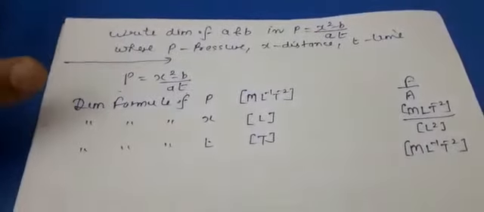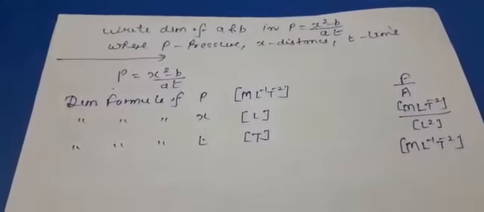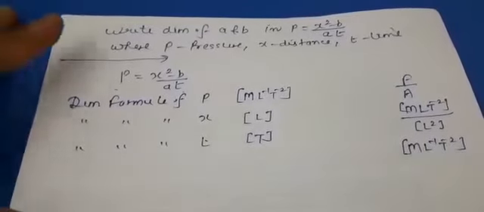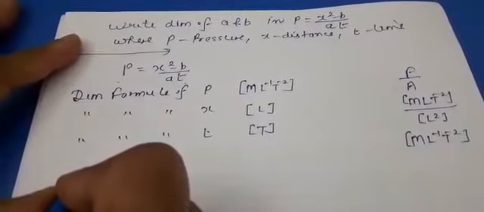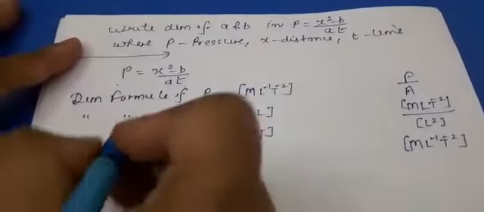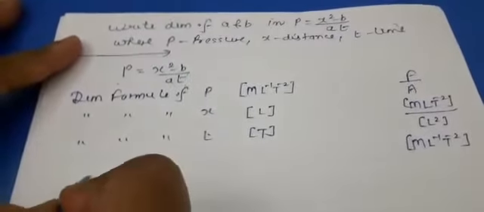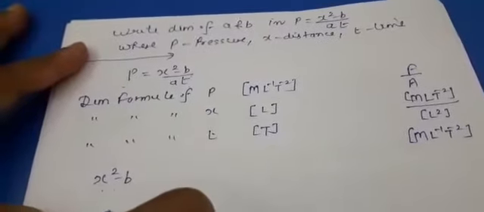So you can see here that the dimension formula of each term used in the formula is known to us. Now how to solve it? We know that only like quantities can be added or subtracted. So as you can see in the numerator, there is a term x square minus b. What is the dimension formula of these two?